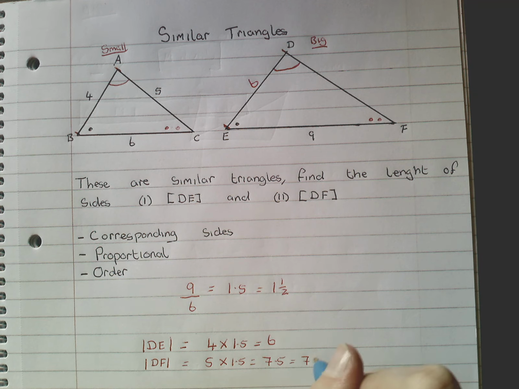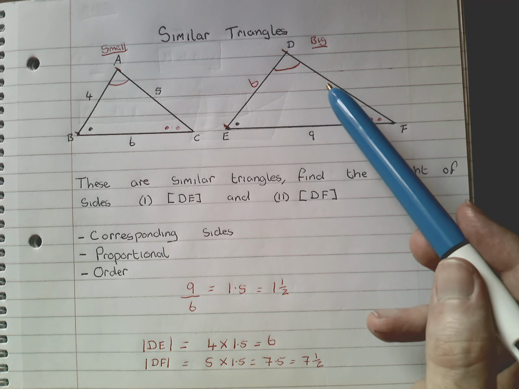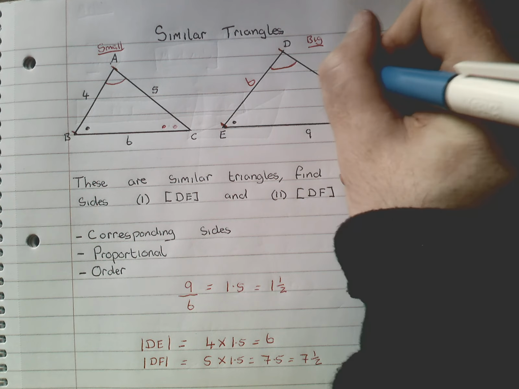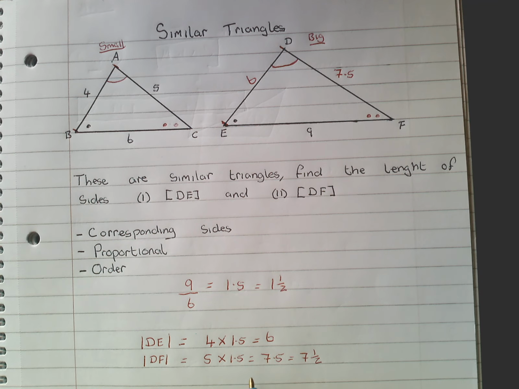So we just multiply this by 1.5, and that will give us its corresponding side on the bigger triangle, which is 7.5. And that's your answer essentially.